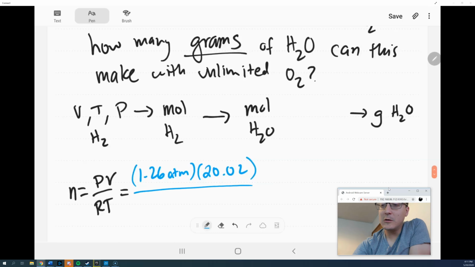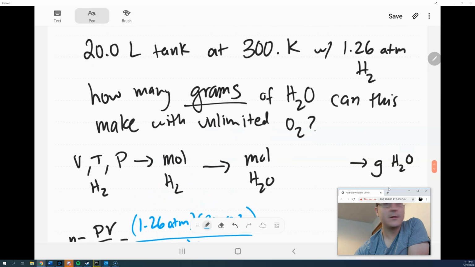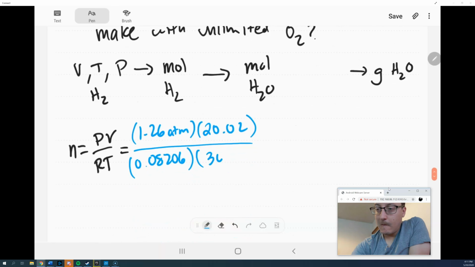R, as we know, 0.08206. And the temperature is... What is the temperature? 300, yeah. Okay, so this number will equal moles of hydrogen.